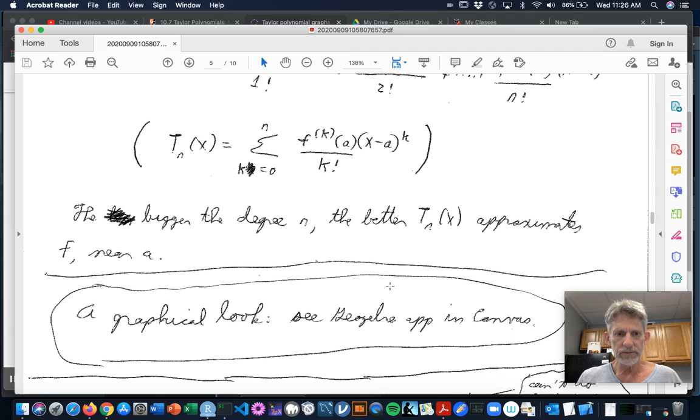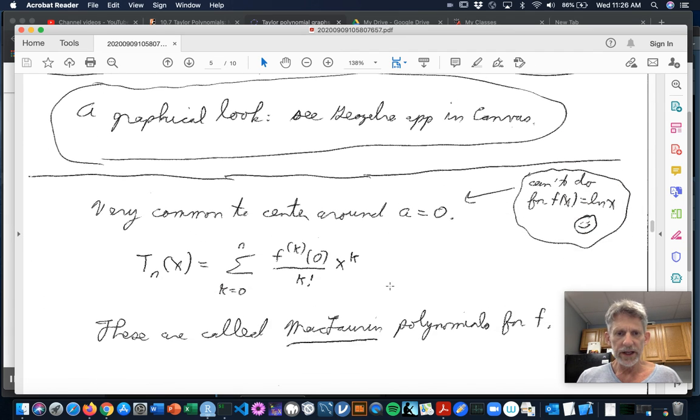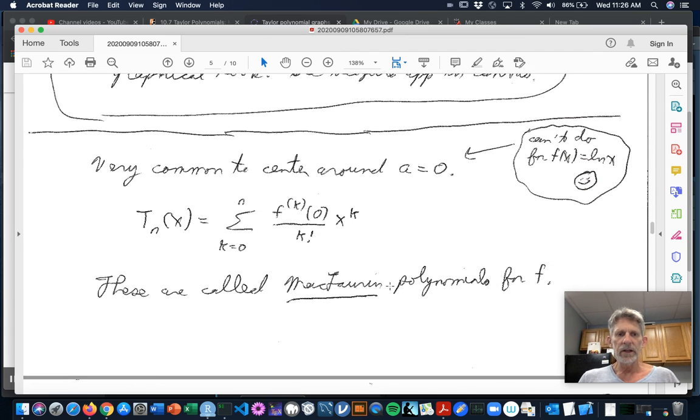So I should say that it's very common, when you make your Taylor polynomials, to center around a equals 0. Now you can't do that when you're trying to approximate log of x, because log of 0 is undefined. But for a lot of other functions where the function is defined at 0, it's just common to center at 0.